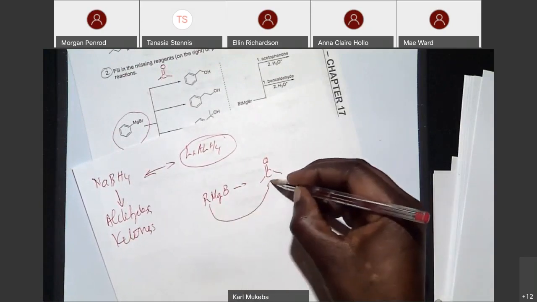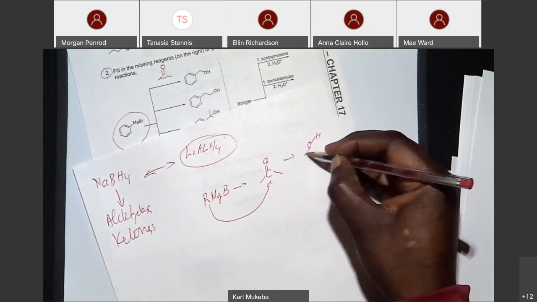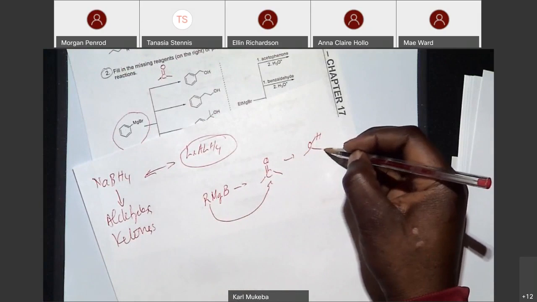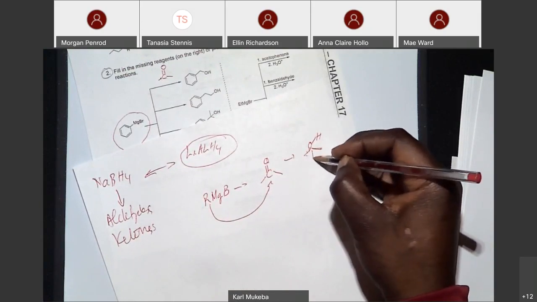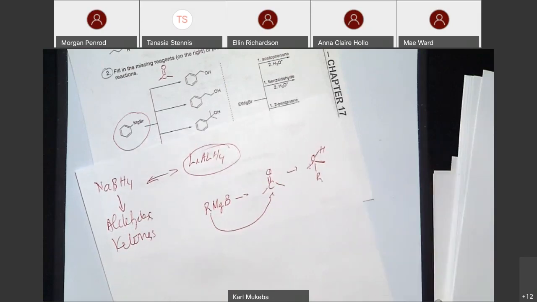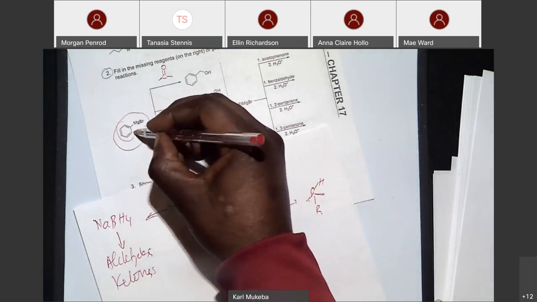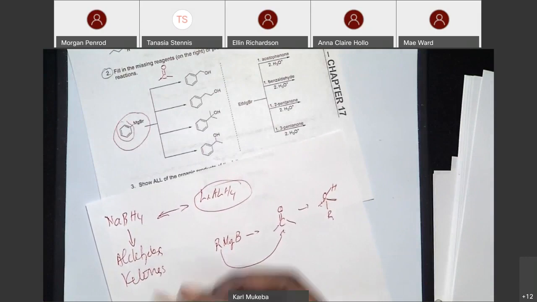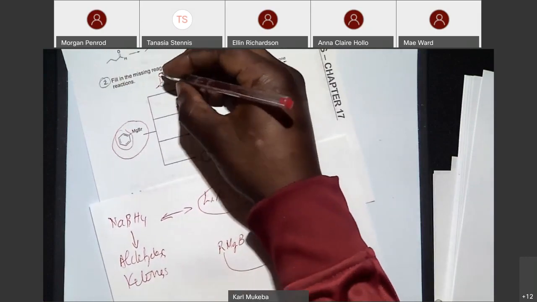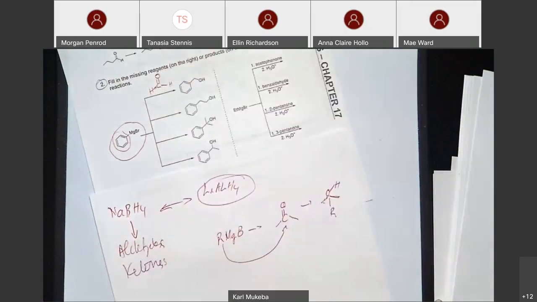The R is attacking, we will have OH and R. So it's the same thing. Your R is this benzylic group. So what will be your reagent? We will have H here, H there. Does that make sense?